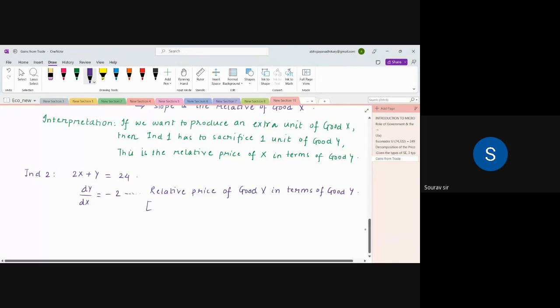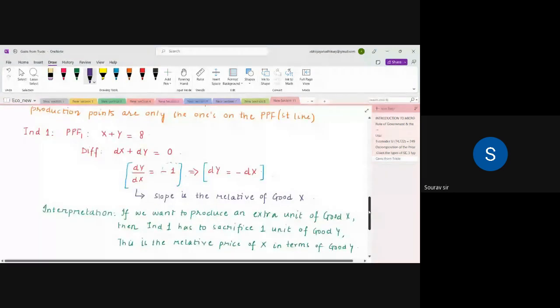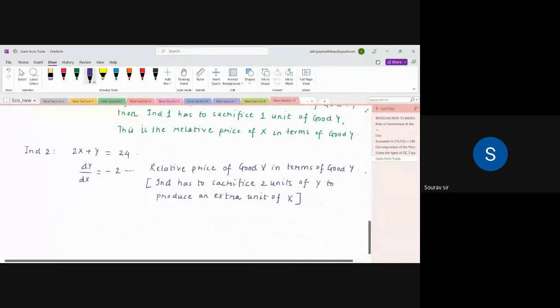That is, the individual has to sacrifice 2 units of y to produce an extra unit of x. Okay, so this is the entire idea.